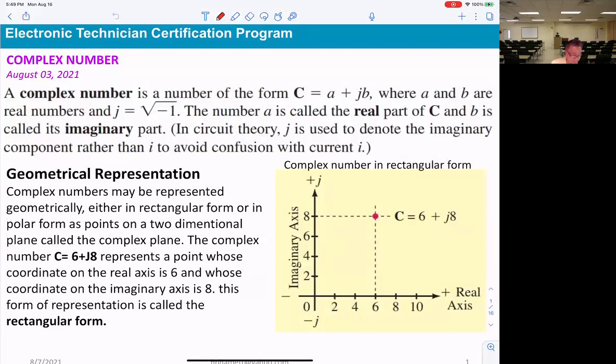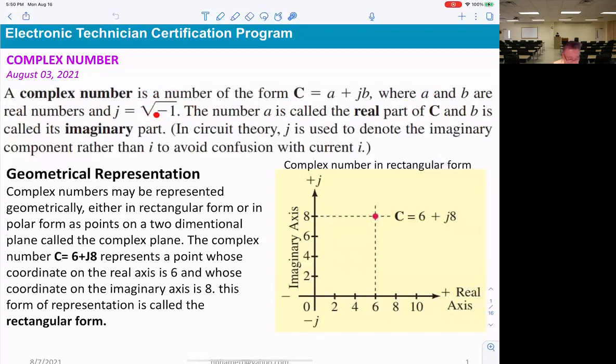Okay, so last time we already talked about a complex number. That means it has the form C equals A plus JB, where A and B are real numbers. However, J equals the square root of minus 1.